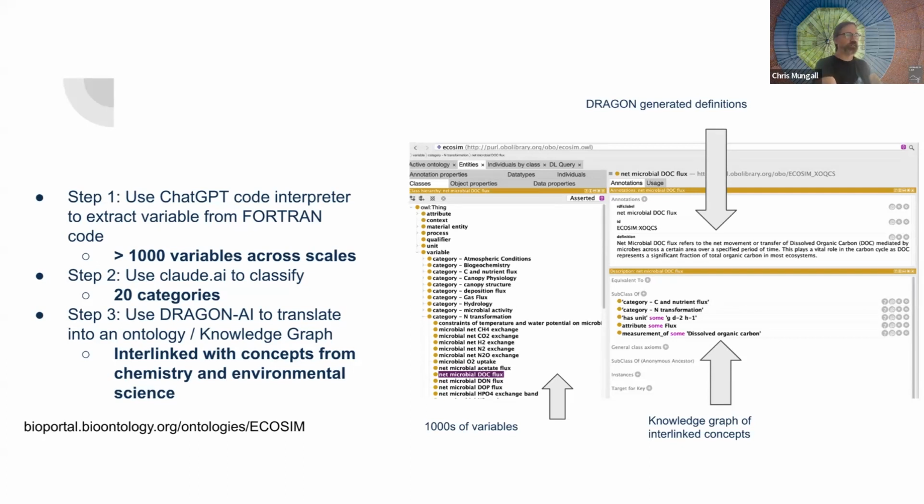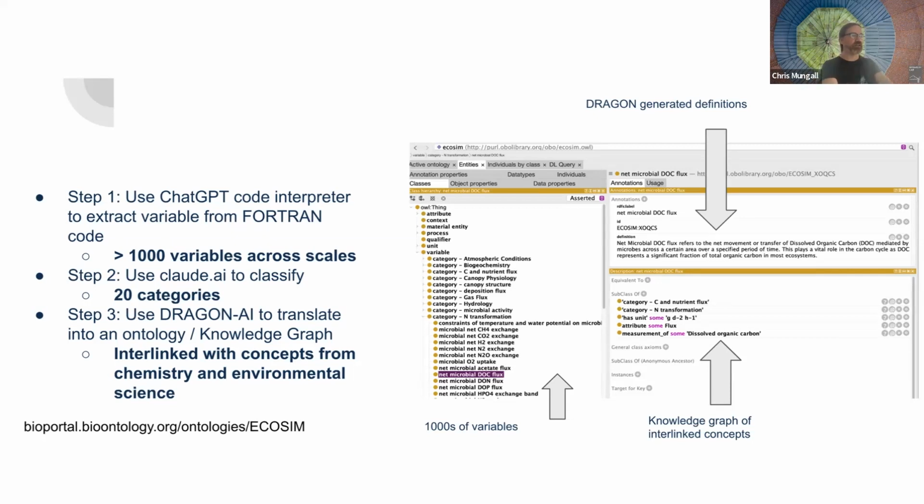This required just a couple of cycles of curating a very small handful of terms, where we gave it some examples and said, okay, for net microbial dissolved organic carbon flux, here's how it should be broken out into a ChEBI term, here's how it should be broken out into a PATO term, and so on.